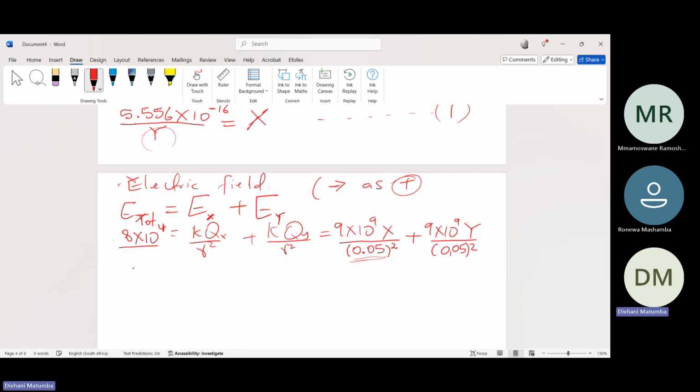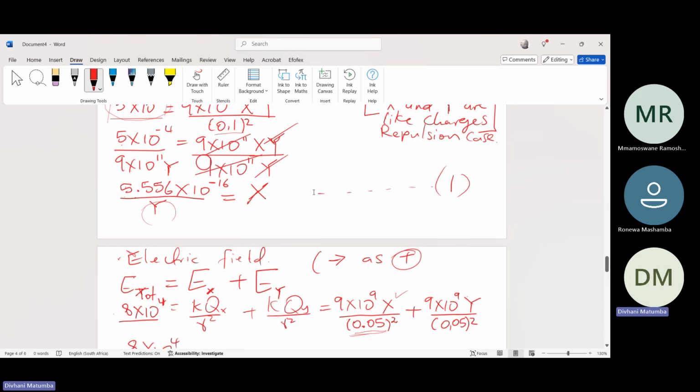So we will have 8 times 10 to the power of 4 equals... If you divide the 2, you will get... before I divide, I want to replace the value of x. We know that from equation 1, x is given by that.